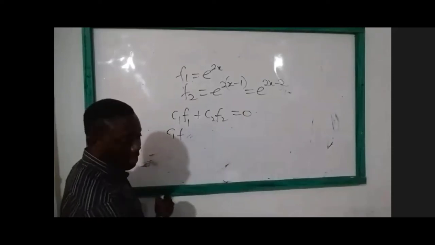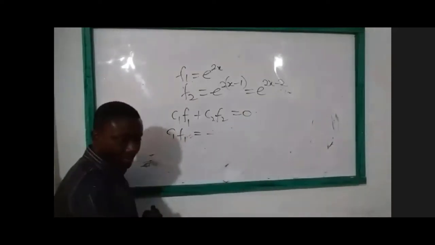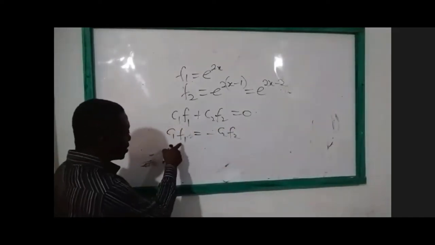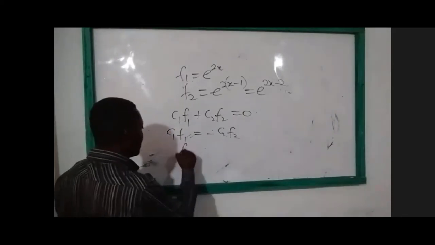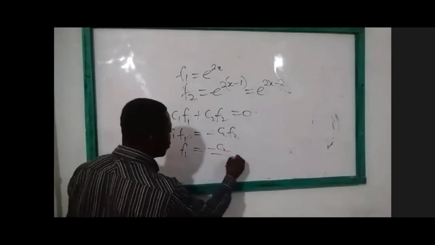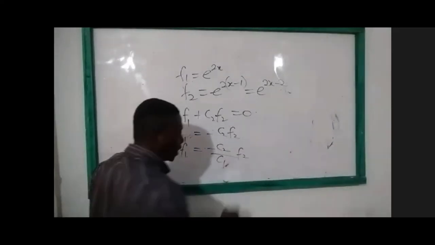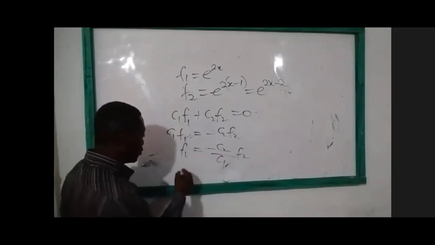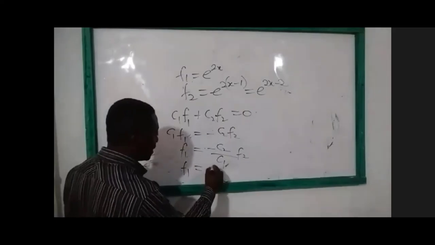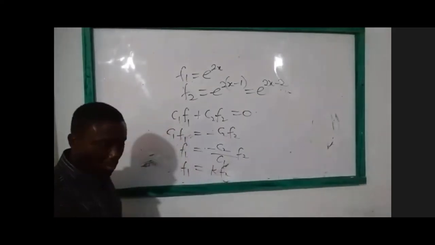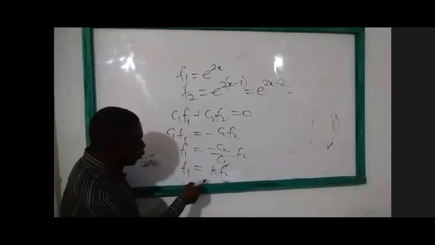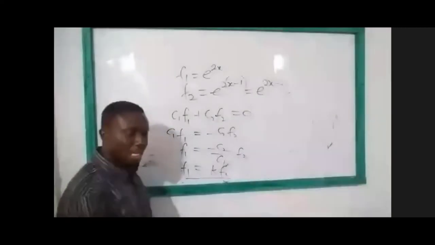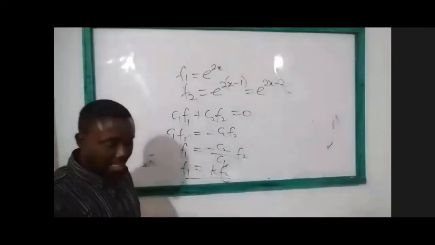So we may have C1 F1 equals negative C2 F2. And then finally, if you want the first function to be alone, it is going to be F1 equals negative C2 over C1 times F2. These are scalars, so you can represent it by a common scalar, say K, times F2. So if you're able to express one function as a scalar multiple of the other function, when this condition is met, you can conclude that it is linearly dependent.